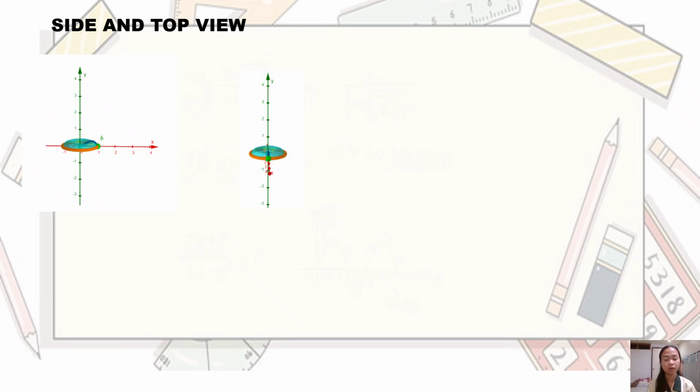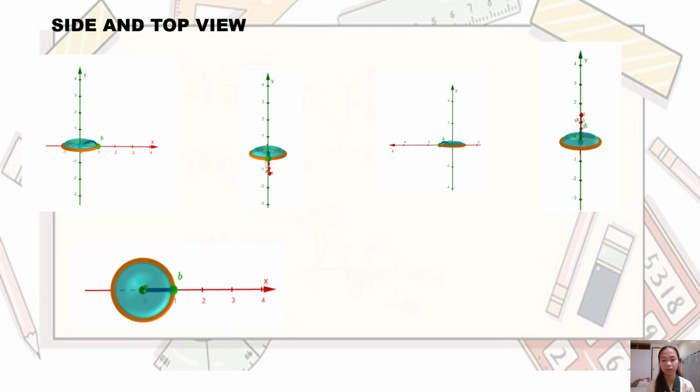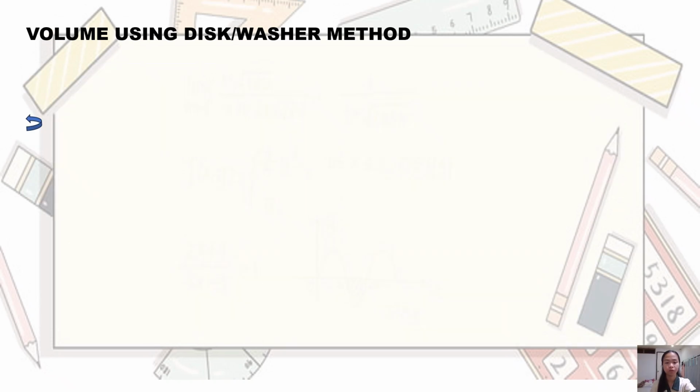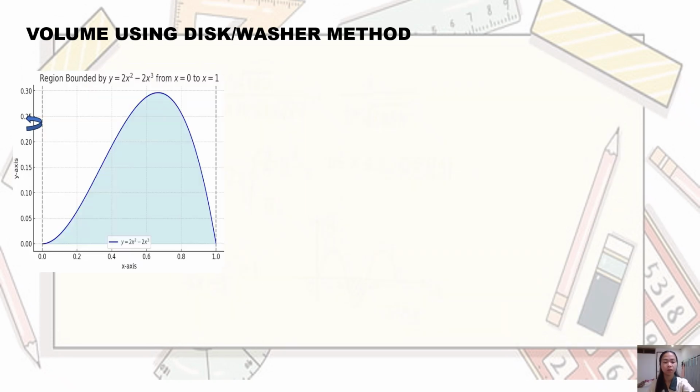This is the right side view, the back side view, the left side view. This is the top side view, and this is the bottom view. So as you can see, there is no hole. This is the volume. So this shaded region is 2x squared minus 2x cubed from 0 to x.